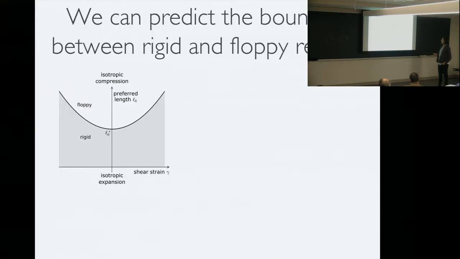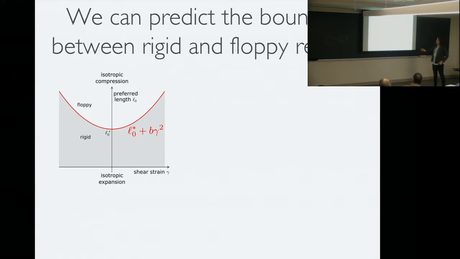And once you do that, you can write down the bulk modulus, you can write down the shear modulus exactly for these systems in terms of that energy functional, and then you can make analytic predictions about how changing the isotropic compression of your system or the shear strain takes you from a floppy regime to a rigid regime. Okay, so what I'm telling you is this predicts the location of the fluid solid transition as a function of the parameters, the scaling relations.